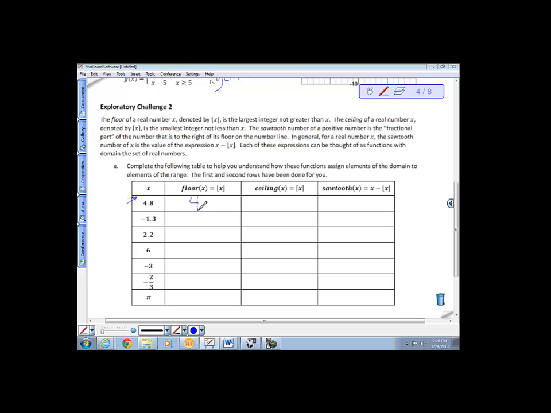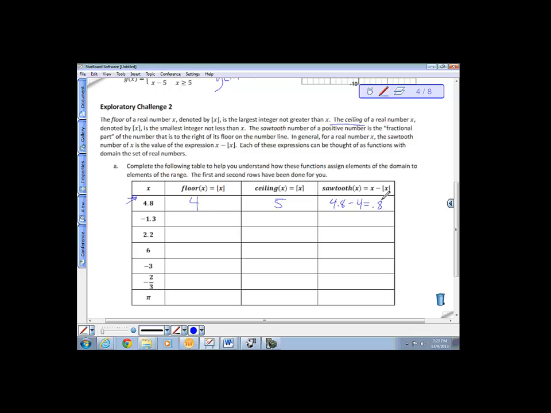The ceiling here is the smallest integer not less than x. So for 4.8, what's the smallest integer not less than 4.8? 5. Okay. Now the sawtooth, which we'll talk about why it's called the sawtooth in a minute, is the number 4.8 minus the floor, which of course is 0.8.